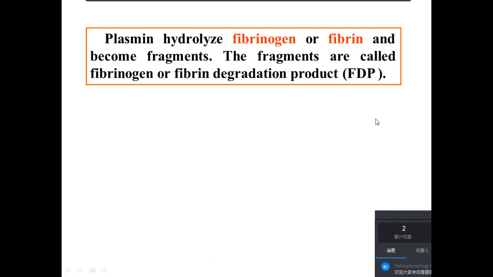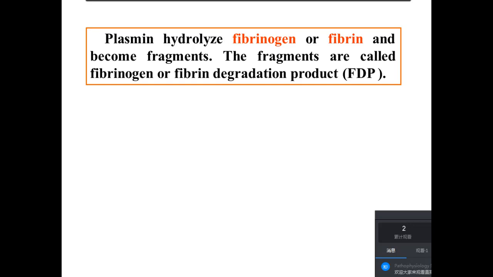Now, plasmin hydrolyzes fibrinogen or fibrin and becomes fragments. The fragments are called FDP, fibrinogen or fibrin degradation products. From the definition we know FDP is produced by one pathway or two pathways? To produce FDP, what must increase?